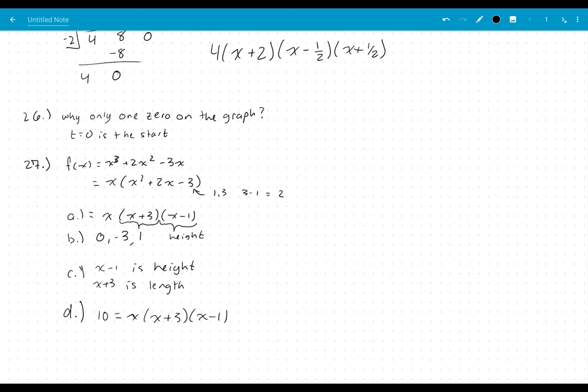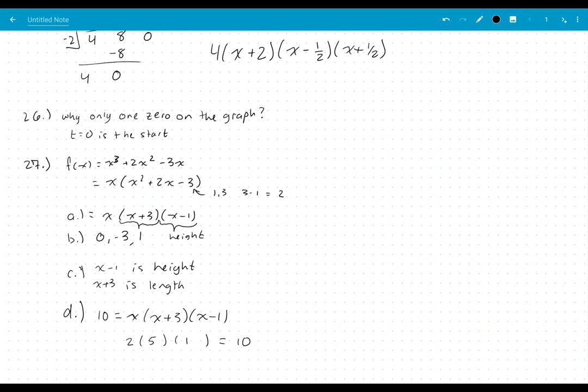Or we can just rewrite our original equation and set it equal to 0. We can try with the numbers. So let's just say 2 times 5 times 2 minus 1 is equal to 10. 2 minus 1 is 1. So that one works.